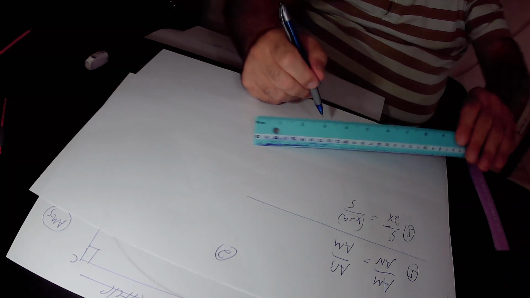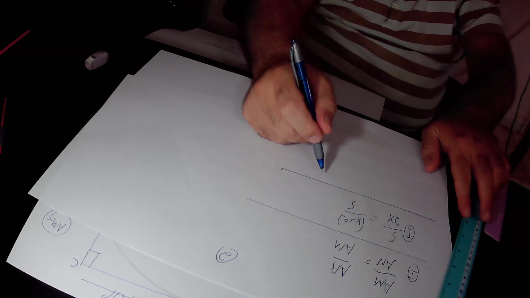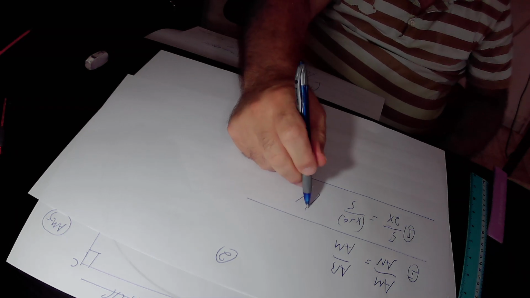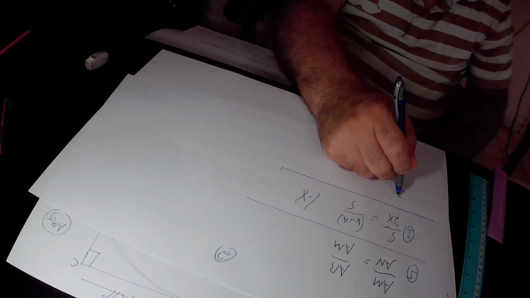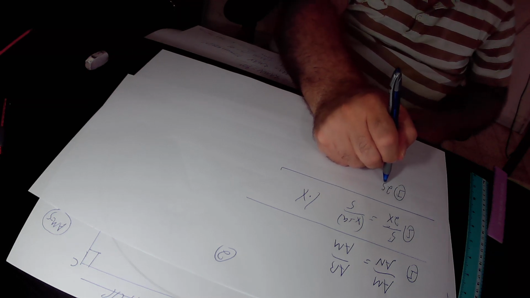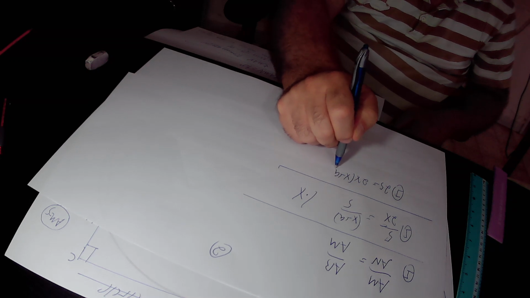So in total, according to equation 1, 5 over 2x equals x plus a over 5. Here we cross multiply this equation, and finally we get that 5 times 5 is 25, so 25 equals 2x times x plus a.